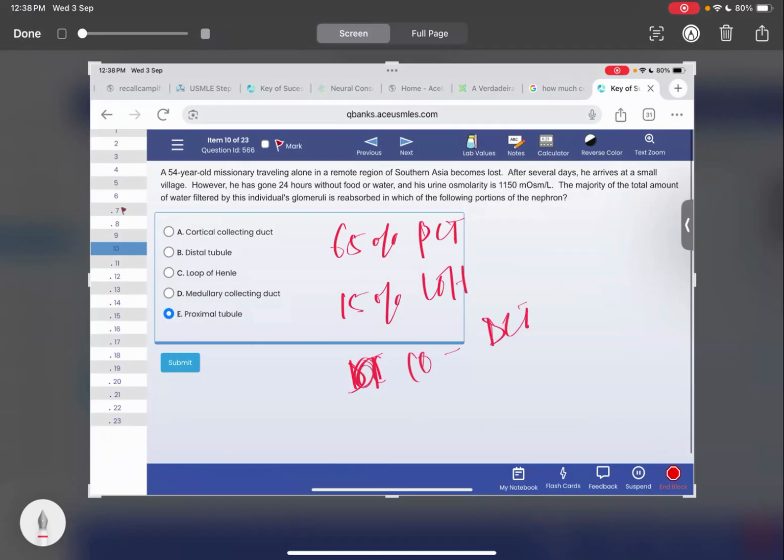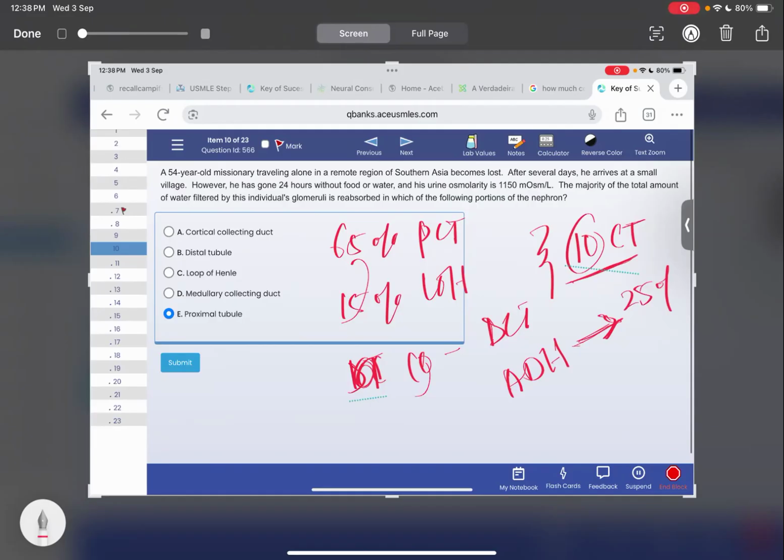So 10% is in the cortical collecting tubules. That is in normal conditions. But when we have ADH, it can do the reabsorption up to 25%. It can't go more than PCT.